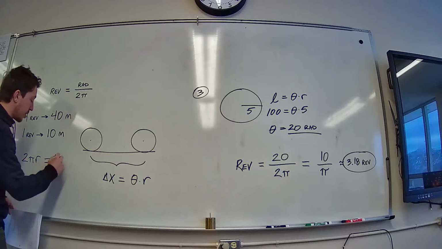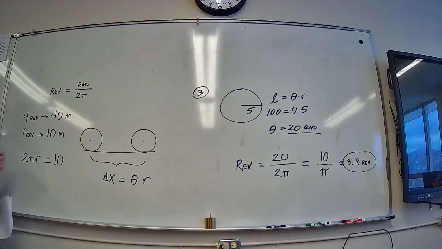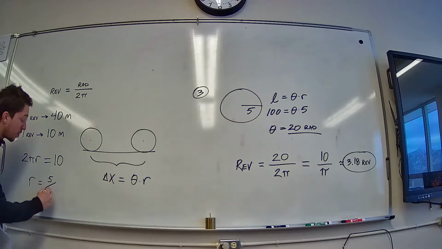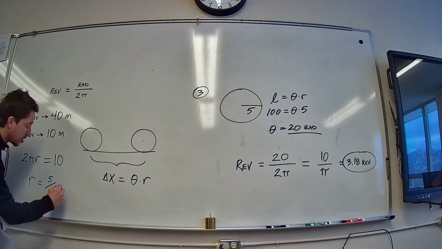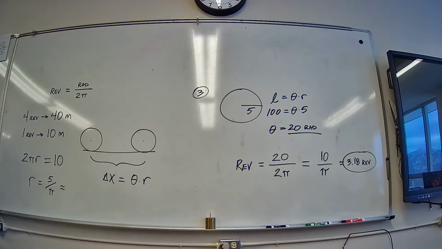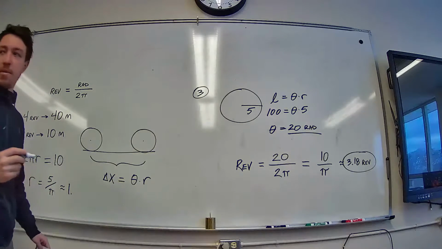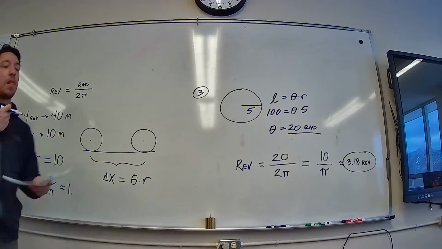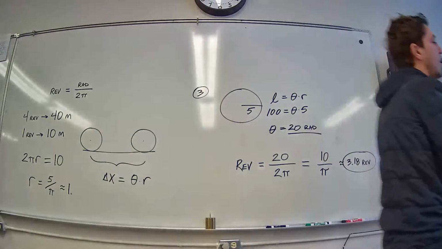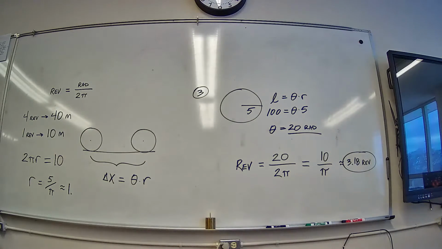So 2 pi r is equal to 10 meters. So what's the radius? 5 over pi, which is roughly, what is that, 1 point? 1.59. 1.59, great.